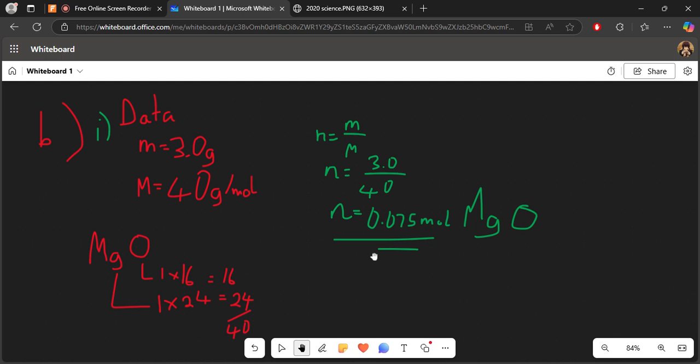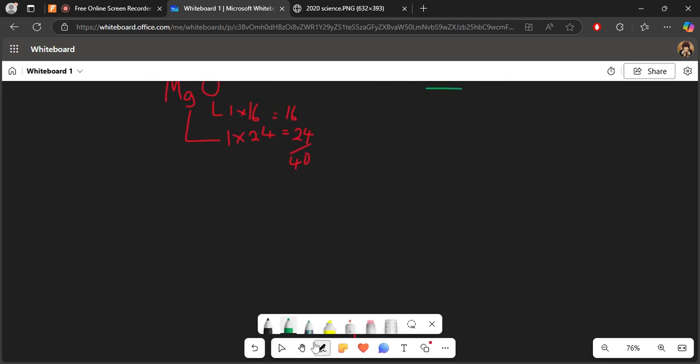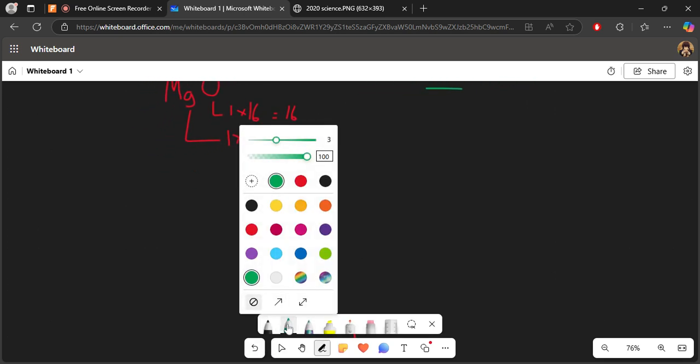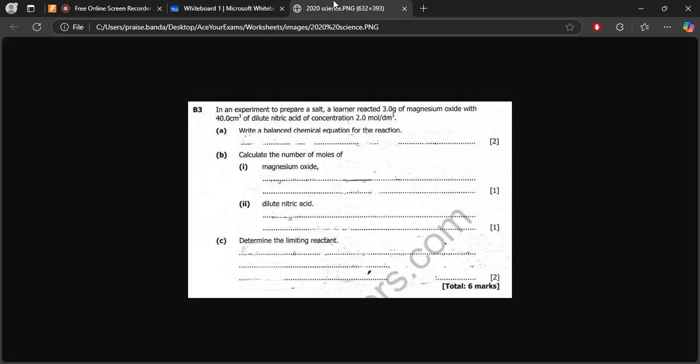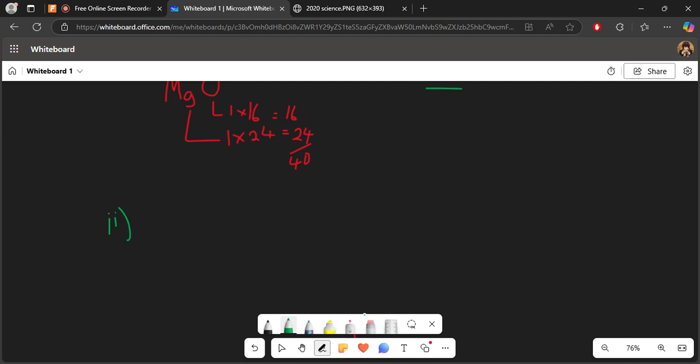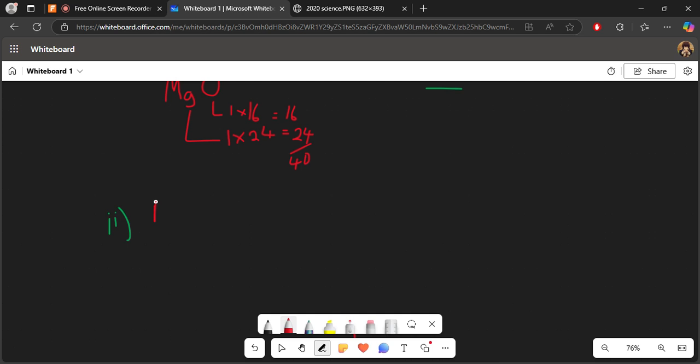Moving on to B2, we're required to figure out the number of moles of dilute nitric acid. What is our data? What exactly do we know about this nitric acid?